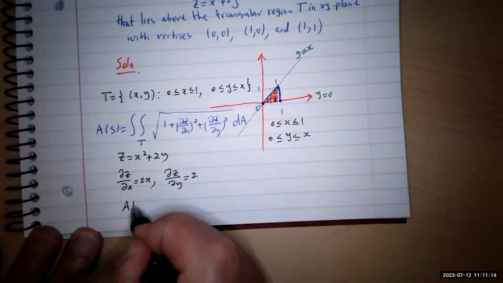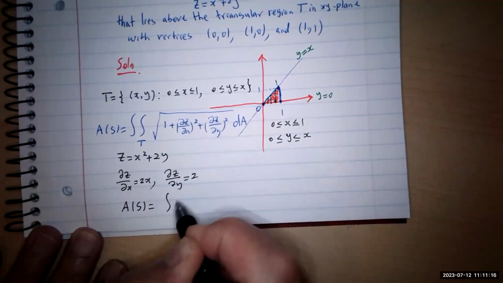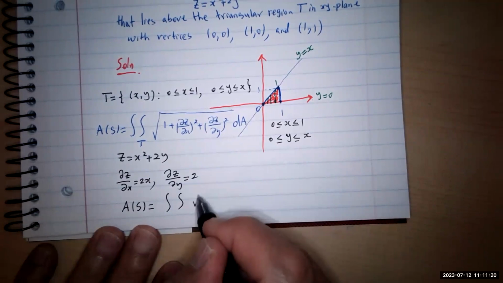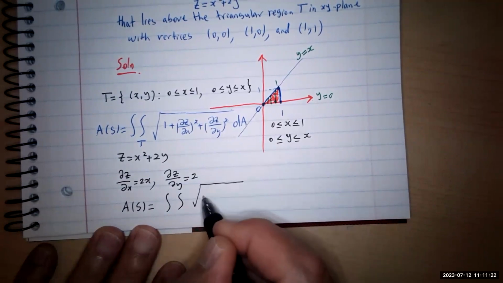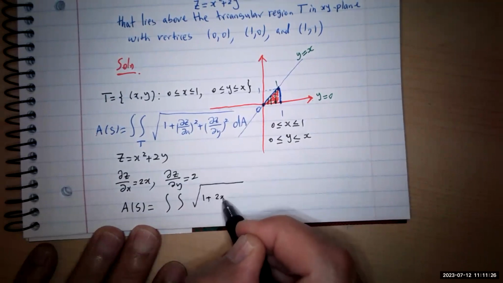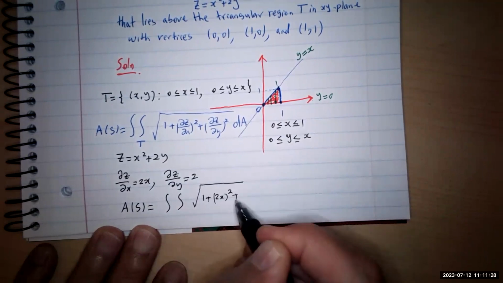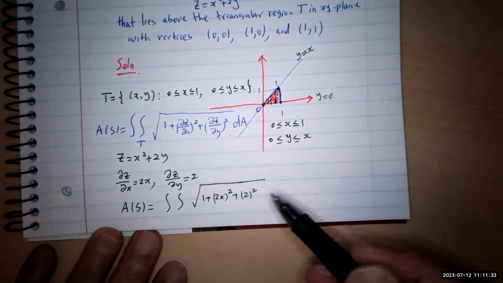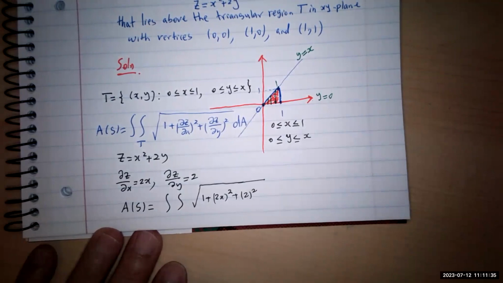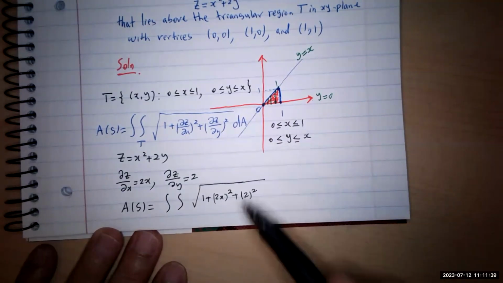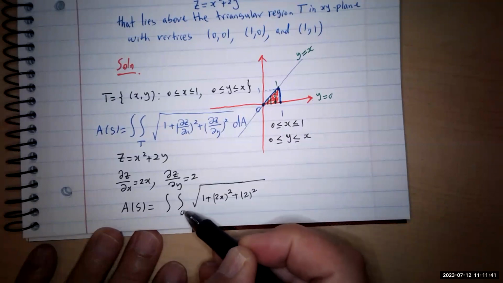The surface area is going to be a double integral. The double integral here is going to be the square root of 1 plus the partial with respect to x, which is 2x, all squared, plus 2 all squared. Now, as you decided that you are going to have a type 1 region, you go with the y first, with y going from 0 to x.